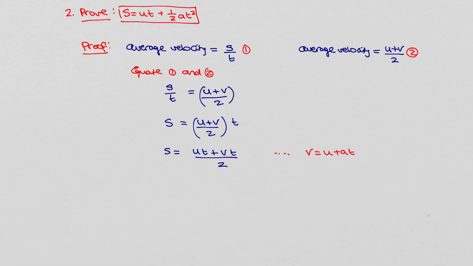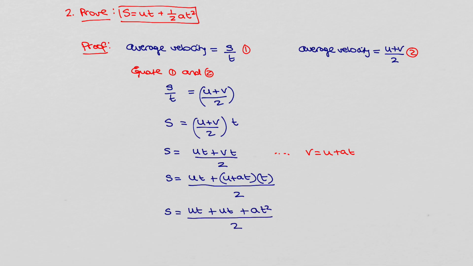So if I replace the v in this equation with u plus at, making sure I'm using my brackets, all over 2, then if I simplify the right-hand side there, I get ut plus at squared all over 2.